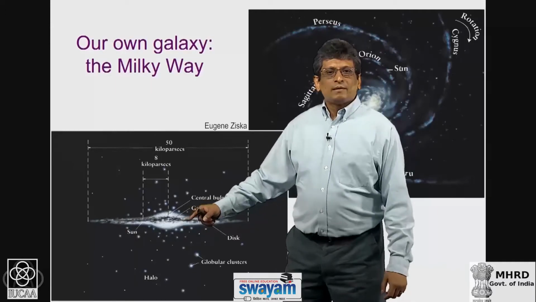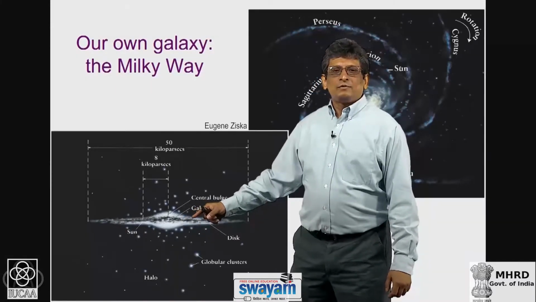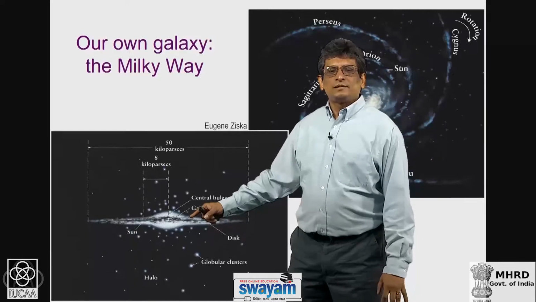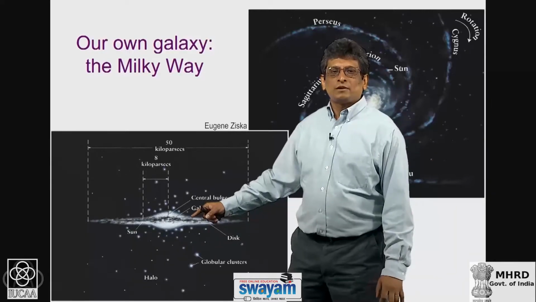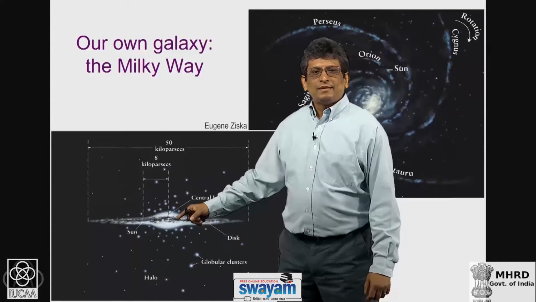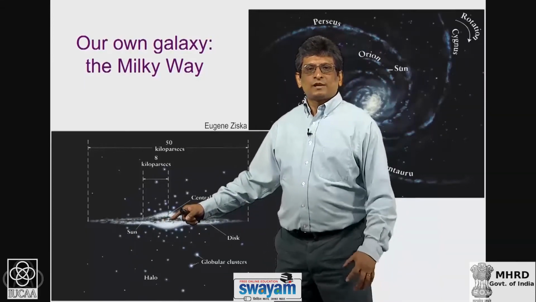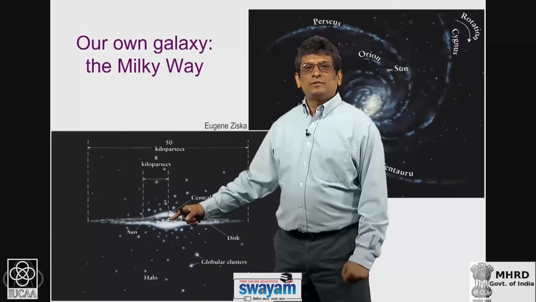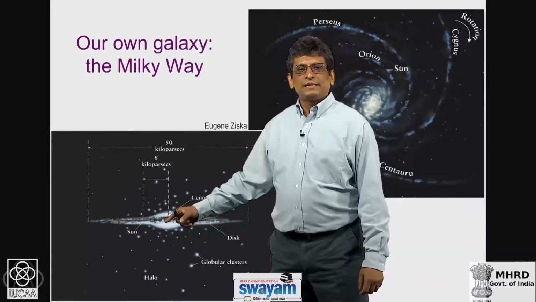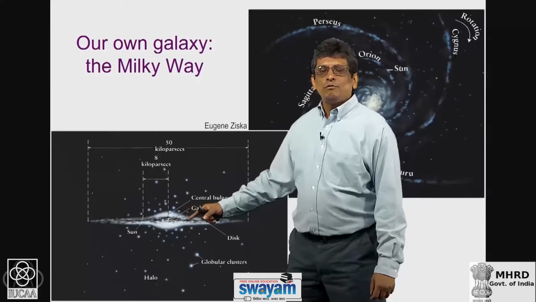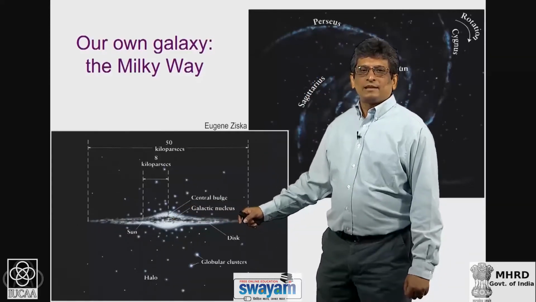And in the middle, in the disk of the galaxy, you see a lot of dark dust. This is a byproduct of the formation of stars, and this dust obscures normal light, but it actually glows in infrared light, which we will see later. But this makes looking through the disk of our galaxy difficult.